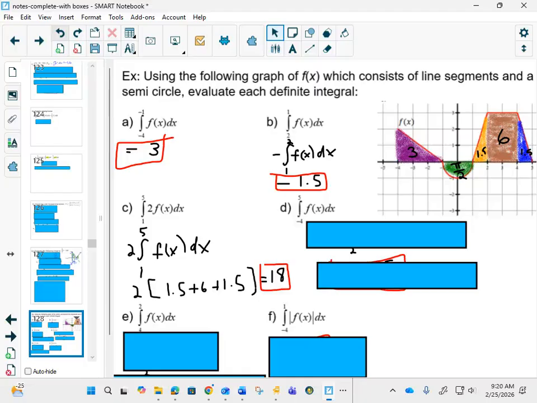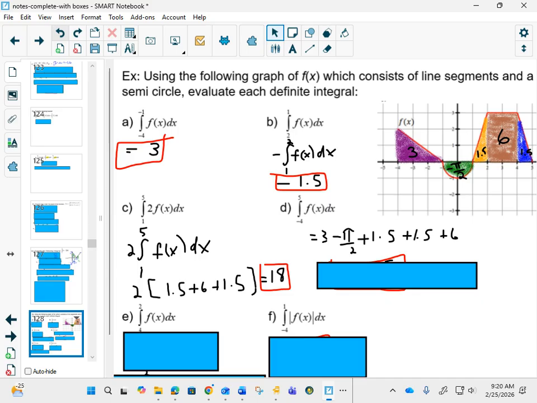If you went all the way from negative 4 to 5, you would add up all of these, but that green section, that pi over 2, which is below the x-axis, maybe you already want to label it with a negative here, because everything below the x-axis we consider as a negative area. We add up all of those sections.